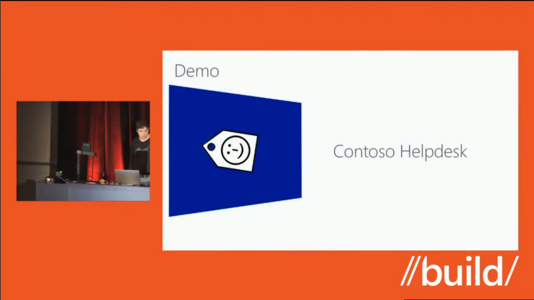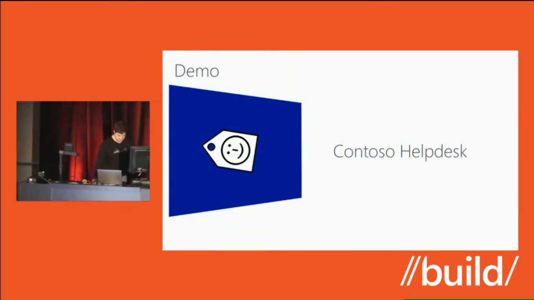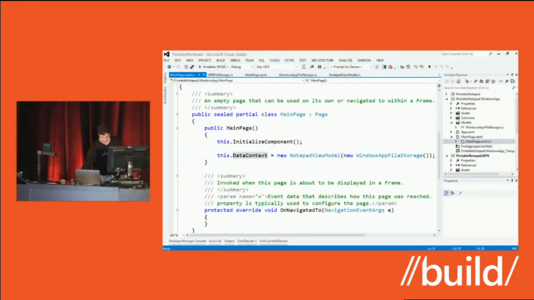So this next demo is called Contoso Help Desk. This is kind of like a sample of maybe an internal enterprise application where you've got your IT support, and they have these support tickets coming in that they need to manage.